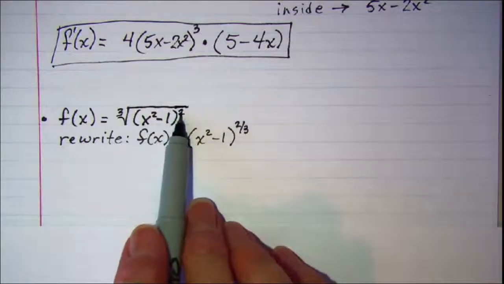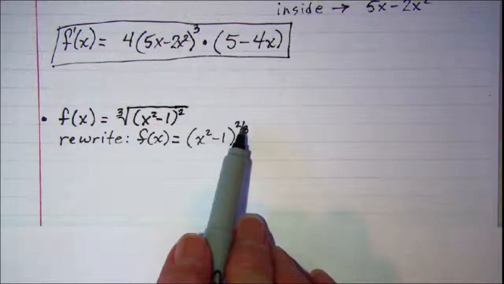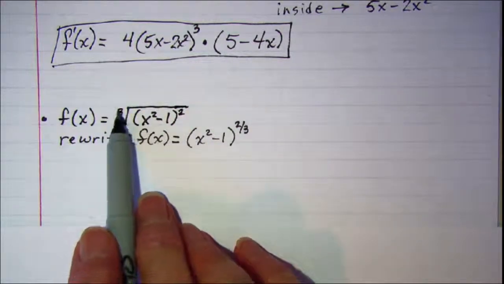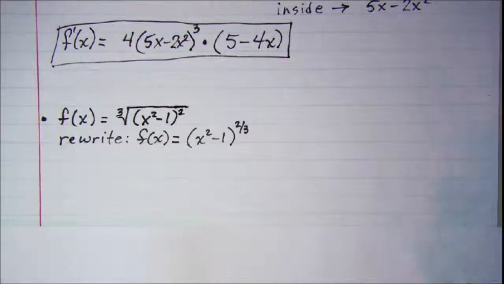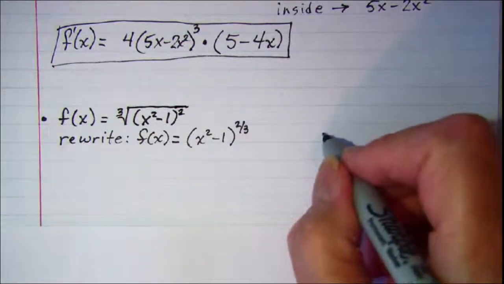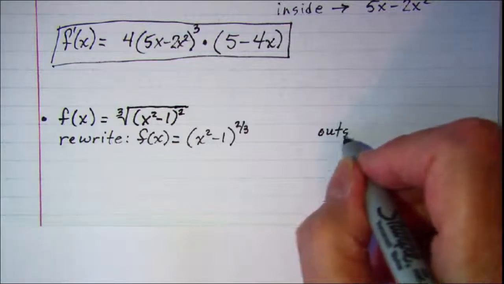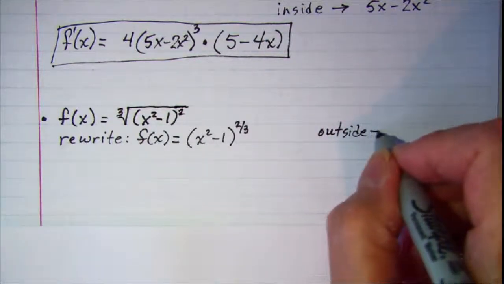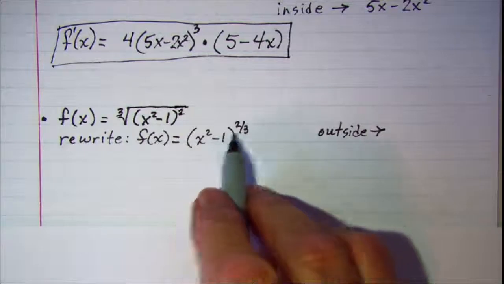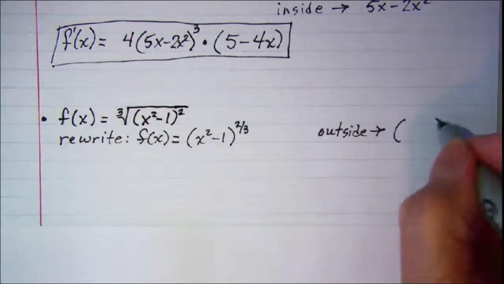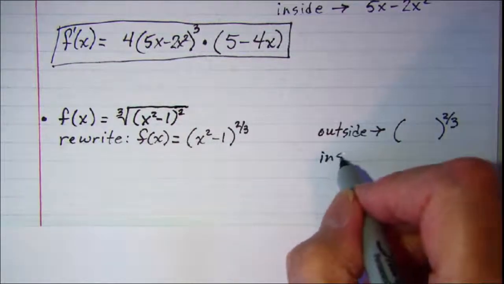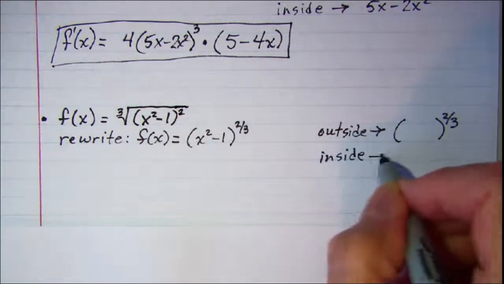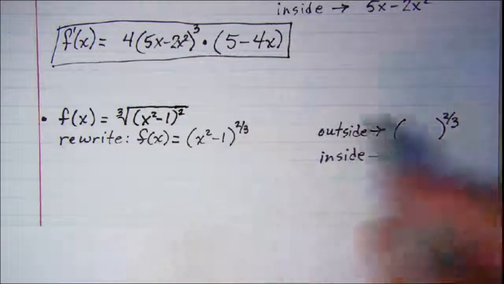Remember that the exponent on your radicand is the numerator of the fractional exponent, and the index on the radical is the denominator of your fractional exponent. Now our outside is a quantity to the 2/3 power, and our inside is x squared minus 1.